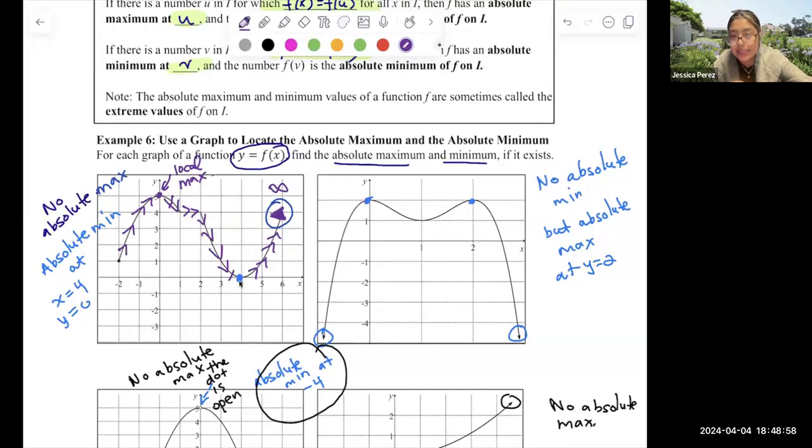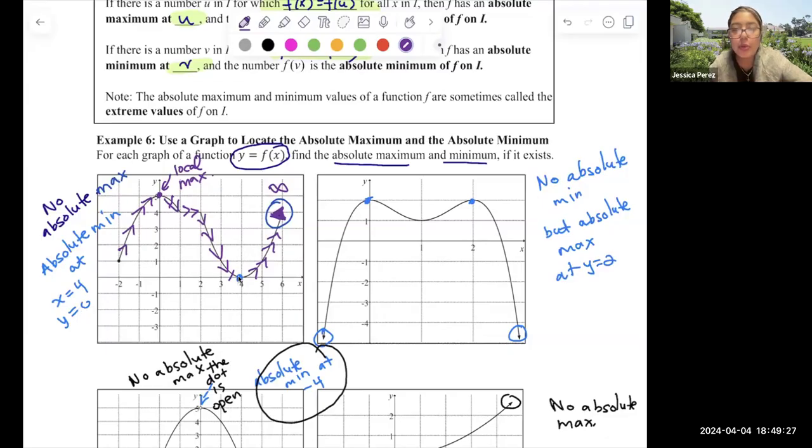Now, there is an absolute minimum. Why is this an absolute minimum? You're going to say, oh, look at the starting point right here. The starting point is at my Y value being 1, but there's something else. At X being 4, my Y value is 0, and then this goes to infinity. So the absolute lowest point is when my X is 4 and my Y value is 0.